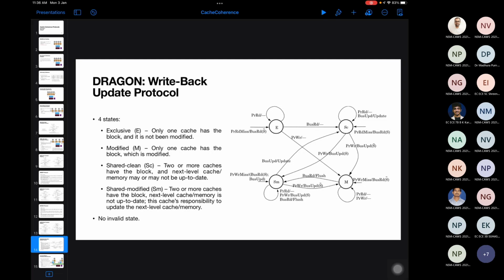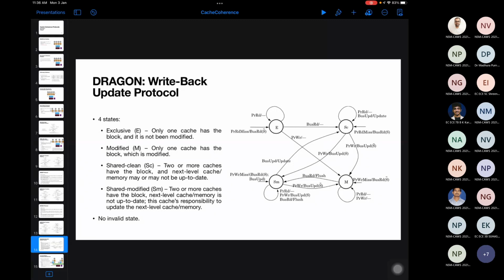But in the case of SC, shared clean, if you perform a write operation, I have two options: either I go to M state or I go to SM state, depending on whether someone has the data or not. If no one has the data, then I go from SC to M. If someone has the data, I go from SC to SM. That is what these two arcs between SC to M and SC to SM are.